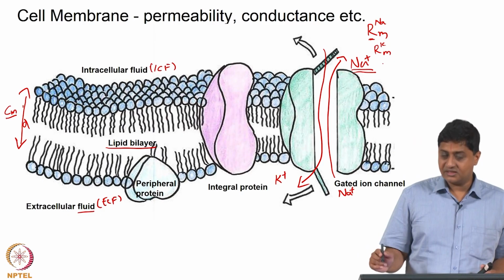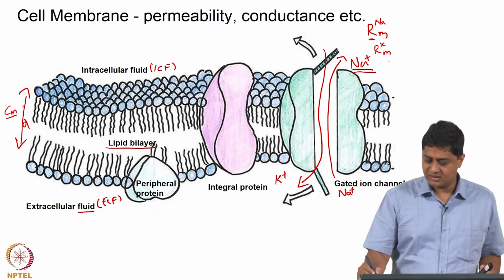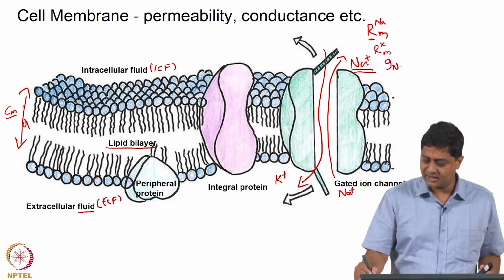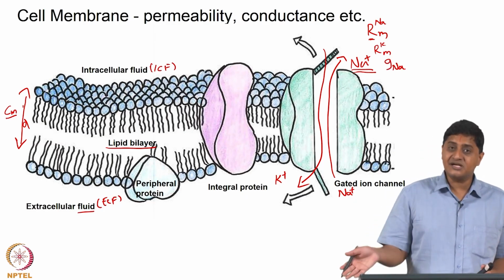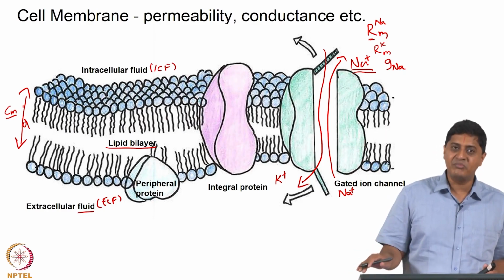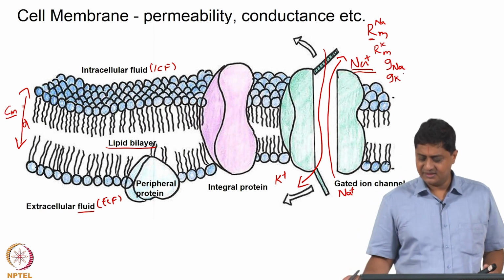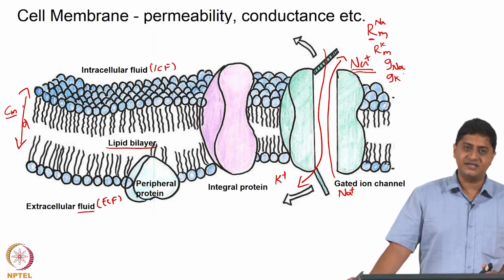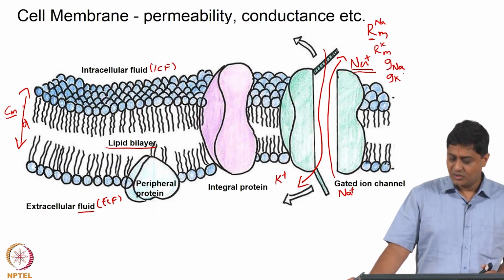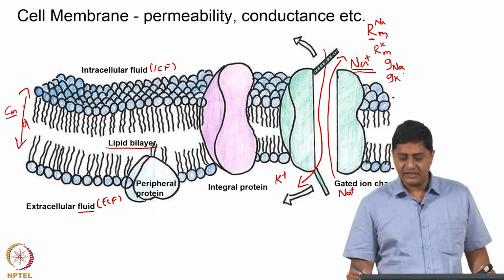Another way of looking at that is that the ability to move freely can also be defined as conductance. So when you say sodium conductance is high, what it means is that the resistance of the membrane to sodium ions is less. Another way of looking at that is permeability.